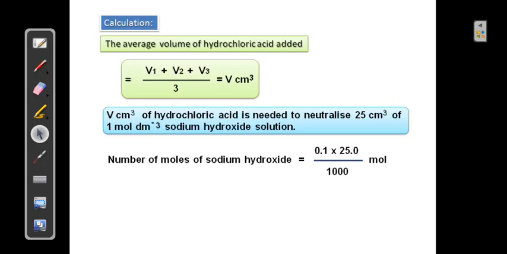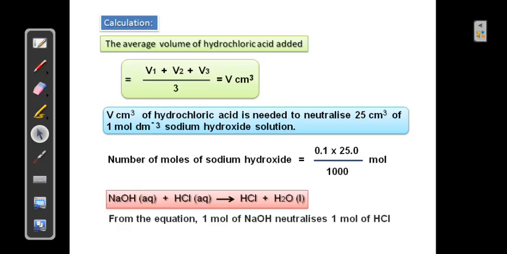So the number of moles of sodium hydroxide will be 0.1 times 25 divided by 1000. Then you can write the equation: NaOH(aq) + HCl(aq) → NaCl(aq) + H2O(l).